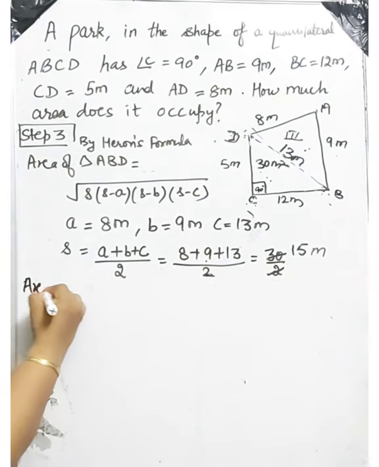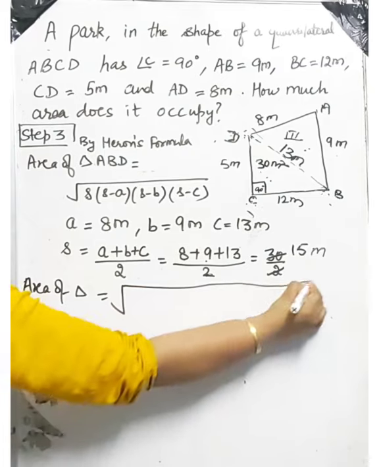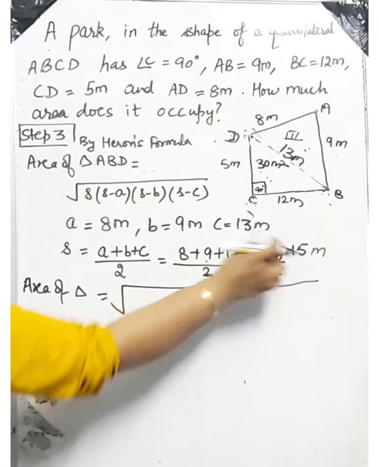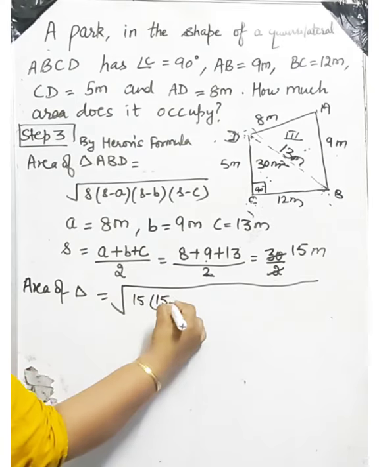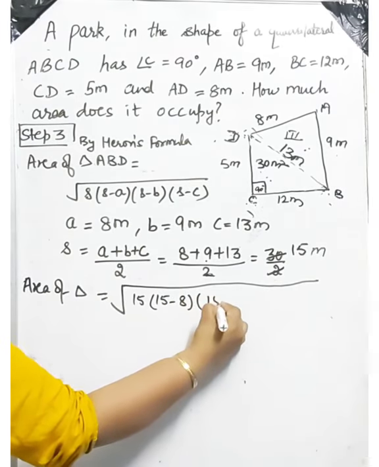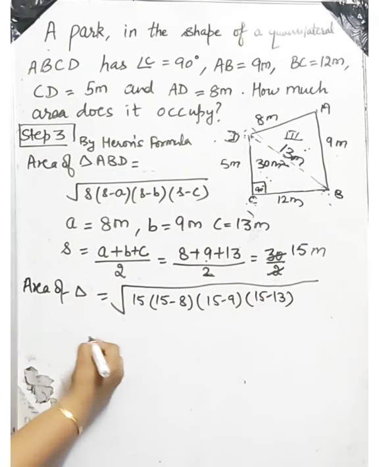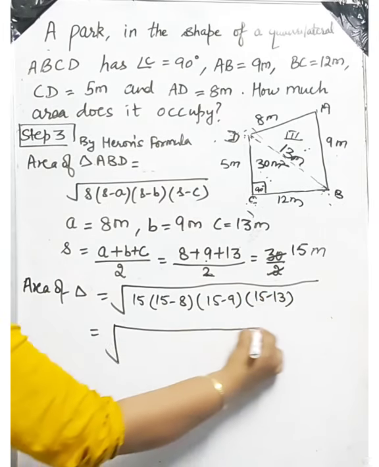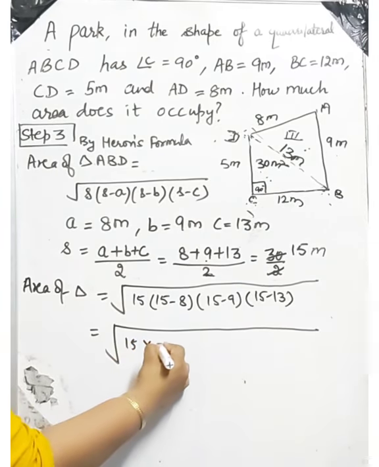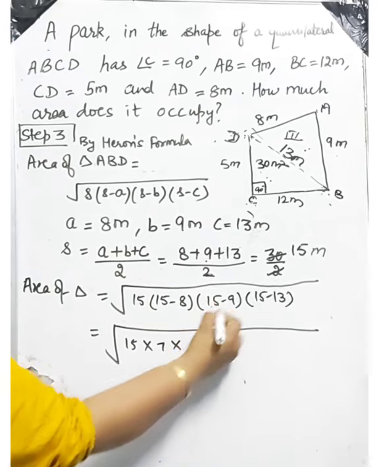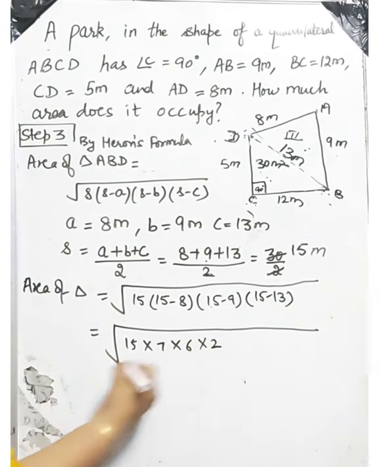Now area of triangle equal to, S is 15, S minus A is 15 minus 8, 15 minus 9, 15 minus 13. Now 15 minus 8 equal to 7, 15 minus 9 equal to 6, 15 minus 13 equal to 2.